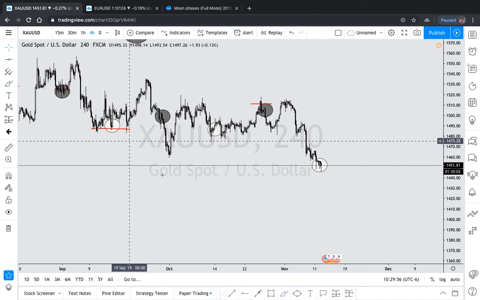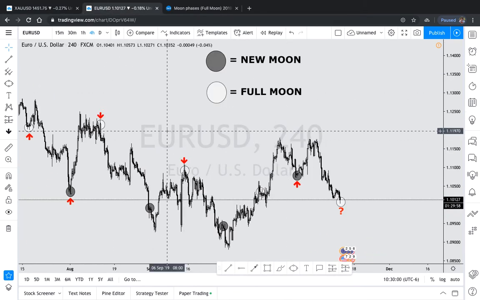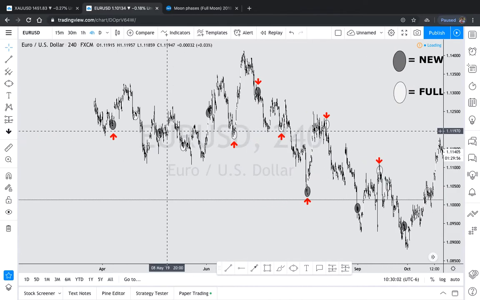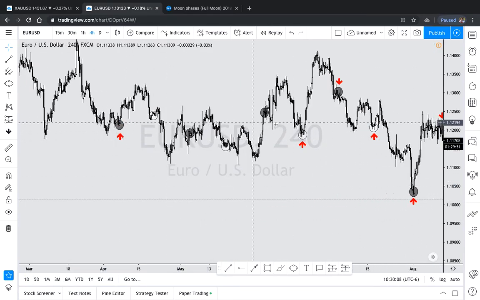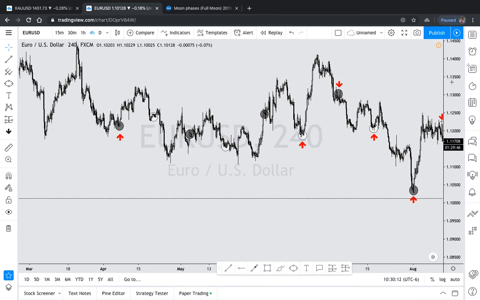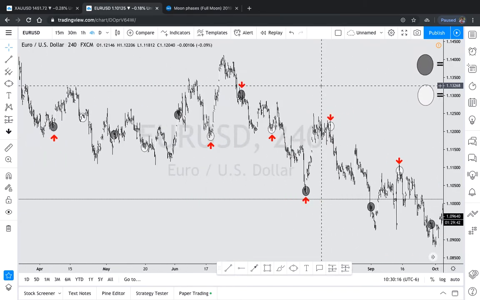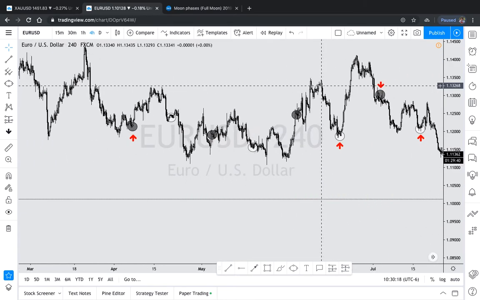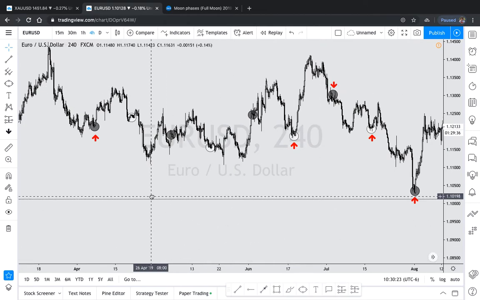I do want to show you guys a little bit more on Euro USD, because I think it's even more powerful. I had this one charted up previously just so I could save some time and I wouldn't bore you guys. All these red arrows are points when the market either reversed or continued its trend. And out of, I want to say, like 20 full and new moons that I charted up, way more than half of them were reversals.